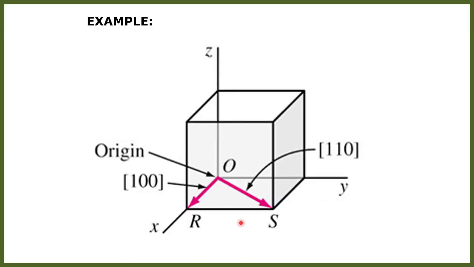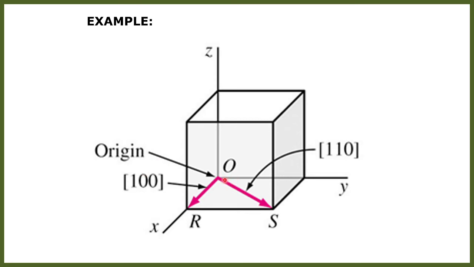Okay, more examples. We go to the direction for line R. The direction is going toward the x direction directly, and no vector for y and z. So the direction for this line is 1, 0, 0.